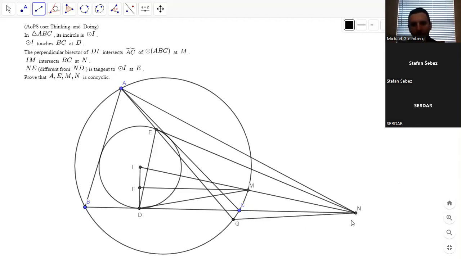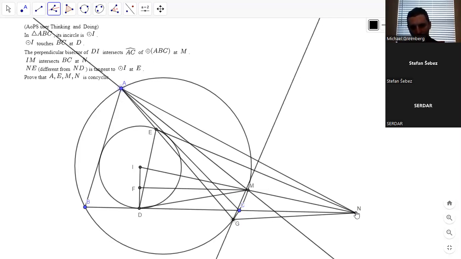Okay, so it looks like I see what you're saying. It looks like it's true. We know this must be true, but I'm not sure about the others. Oh no, AGN, it doesn't look like it.